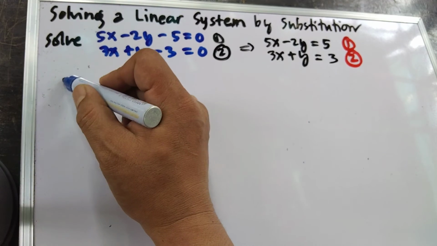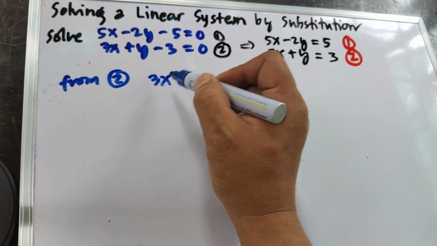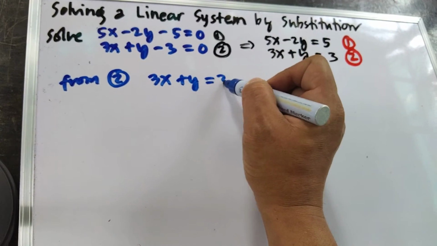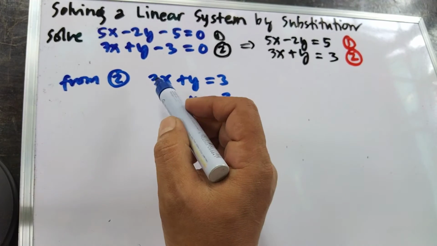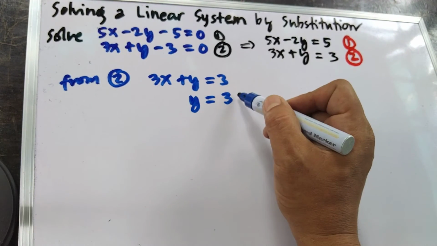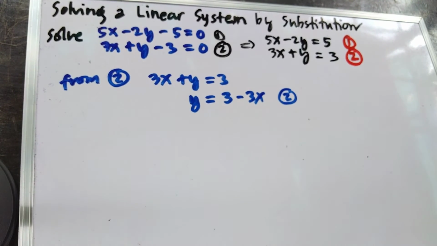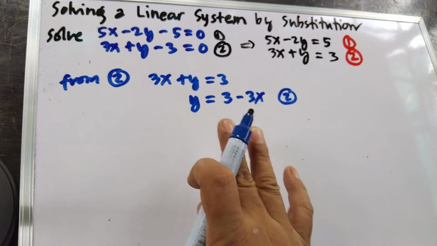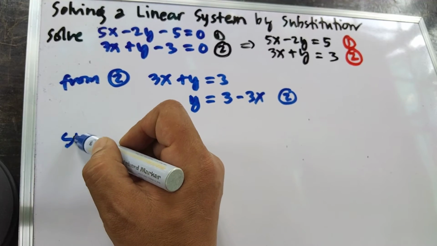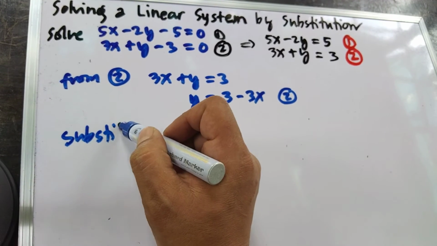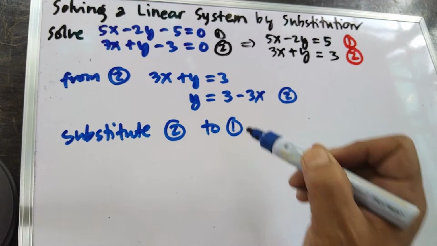From equation 2, 3x plus y is equal to 3, we transpose 3x to the right side, so y is equal to 3 minus 3x. From here, we substitute equation 2 to equation 1.